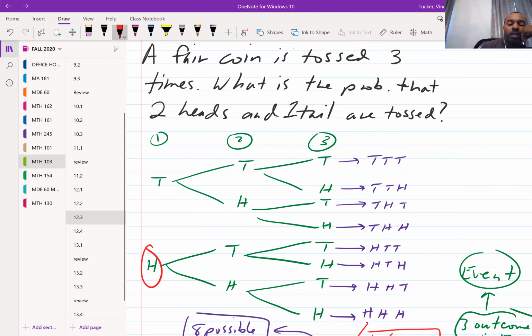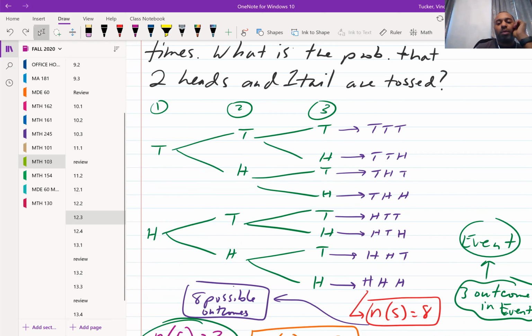Then we explore the possibility of landing heads first, then tails or heads for each one of those possible outcomes. All right. And we see that we get 8 possible outcomes. So that's the number of our sample space. Now this right here is our sample space. Now the event is 2 heads, 1 tail.